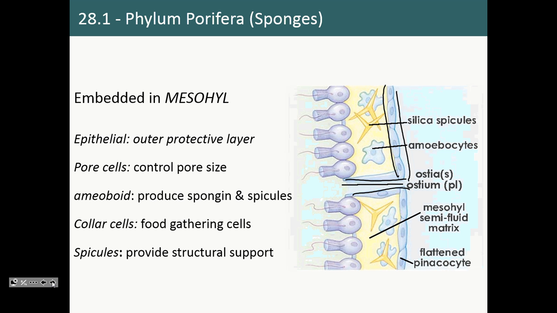The pore cells create the opening for the water to come in. The amoeboid cells produce the matrix, and they produce the spicules. The collar cells do the eating, and the spicules provide structural support. So they have all these unique cell types that are carrying out all the functions of life, but not necessarily forming true tissues.